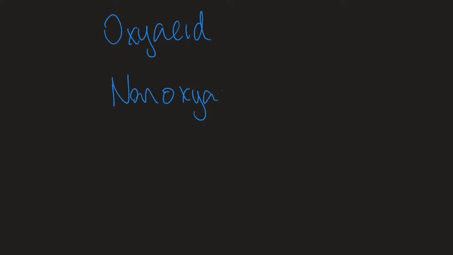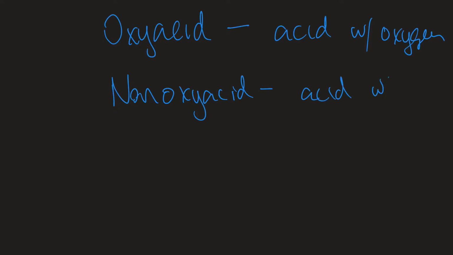Now, there's two types of acids really. There is what we call an oxyacid and a non-oxyacid. Now, it's pretty simple. An oxyacid is basically an acid that contains an oxygen, while a non-oxyacid is an acid that does not have oxygen contained in it.